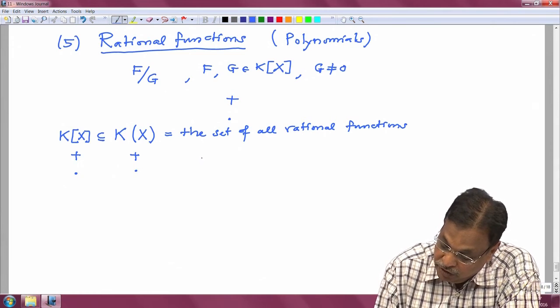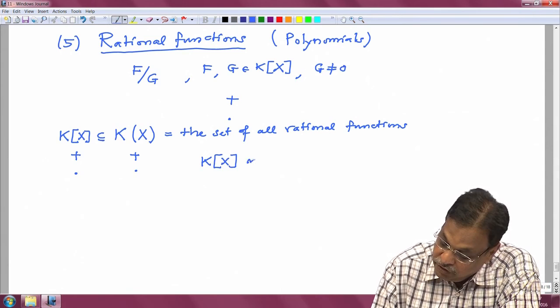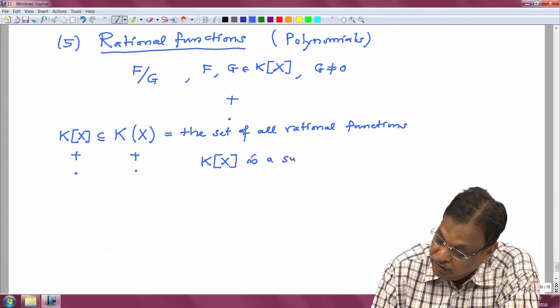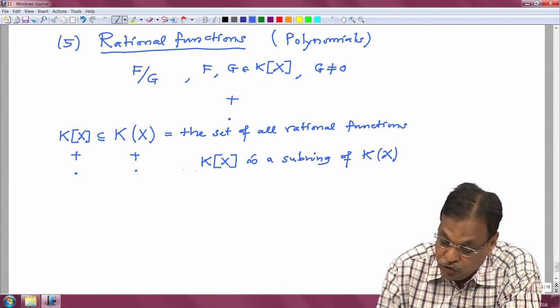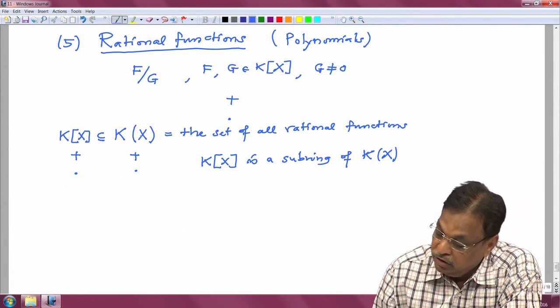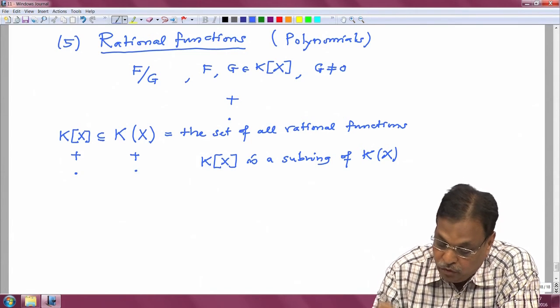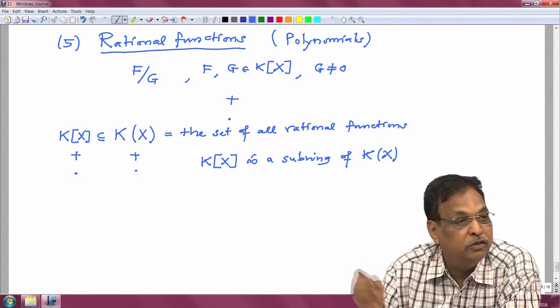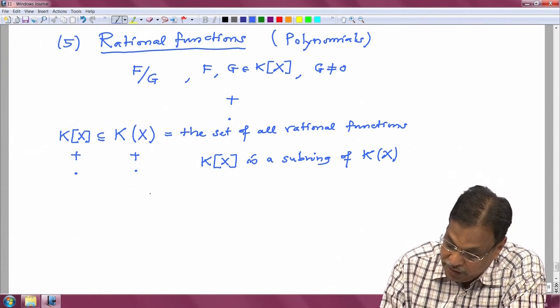So, that means k[x] is a subring of the rational functions. This is also a ring. Okay, rational functions with addition and multiplication is obviously a commutative ring. In a similar way to what we have done for polynomials, you can check this; it is a formal checking.